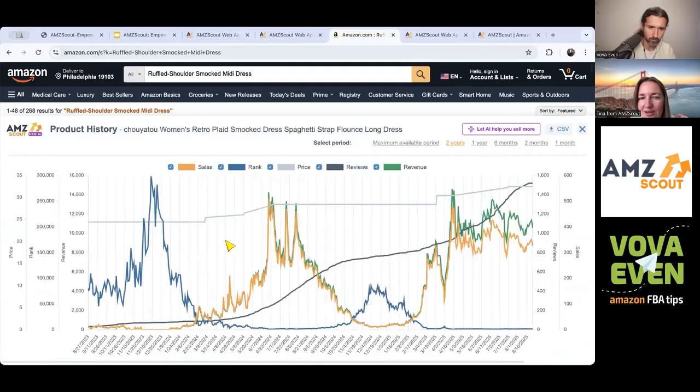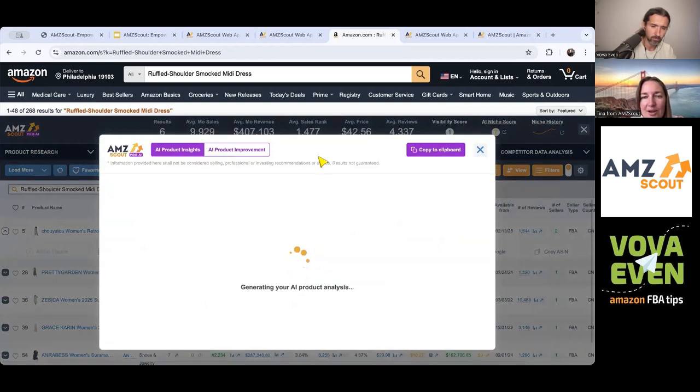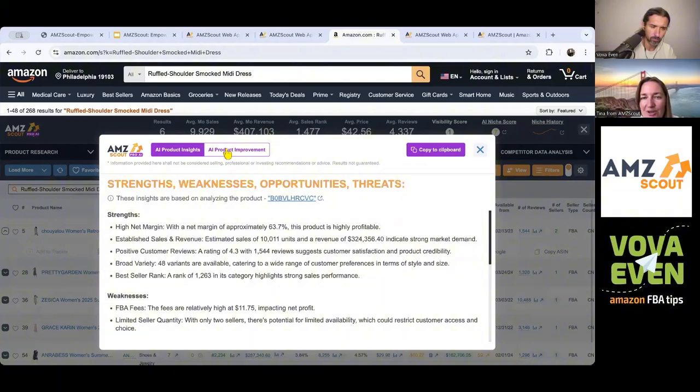Product history, again, the same graph that I've already shown. AI product analysis, again, it will open this window without the AI niche analysis, just this particular product insights and AI product improvement, which we've already seen. It offered some Bluetooth mechanisms, something like that. You remember, I think.